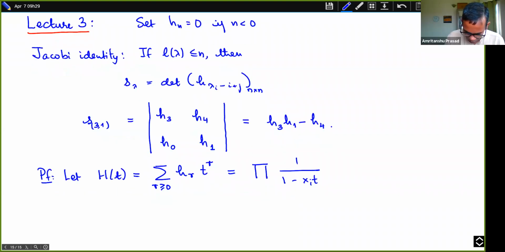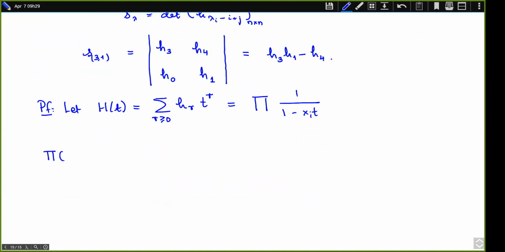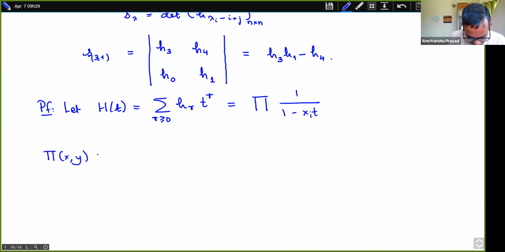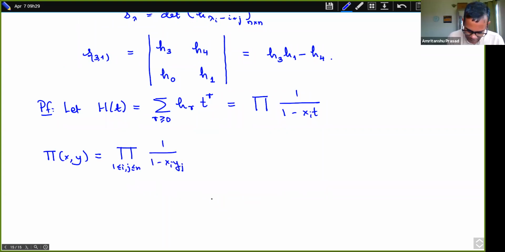And so now if we start with the Cauchy identity, then we have what we were calling pi(x,y), that is the product, and if we work with say n variables, then we'll have 1 less than or equal to i, j less than or equal to n, of 1 over 1 minus x_i y_j. So that's the left hand side of the Cauchy identity.